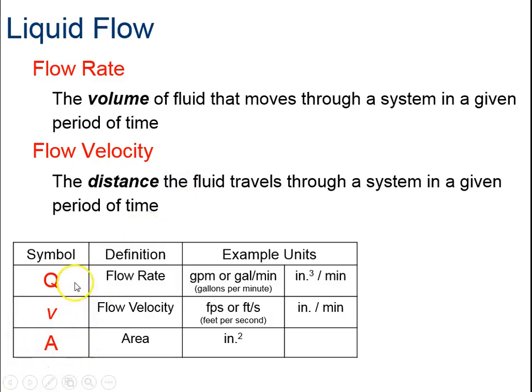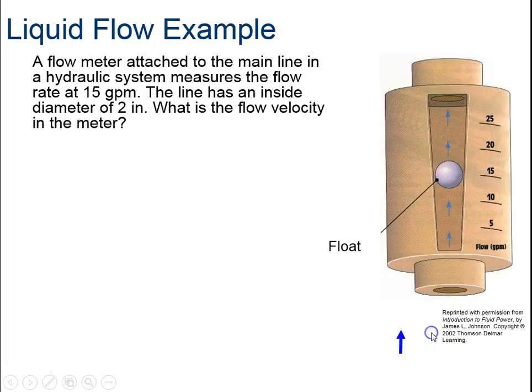Take a minute and look at the symbol for flow rate, which is Q, and what units you would use here: gallons per minute, feet per second for velocity, and then area. Here's our formula: the volume flow rate equals the velocity times the area. Check the units and see if those units make sense to you.